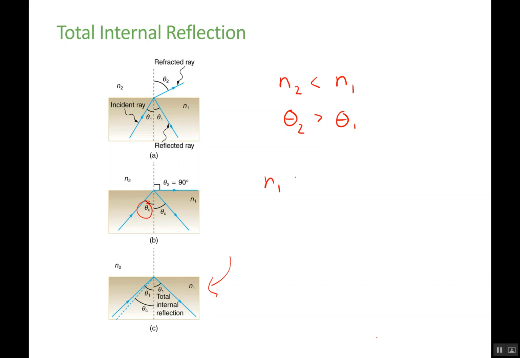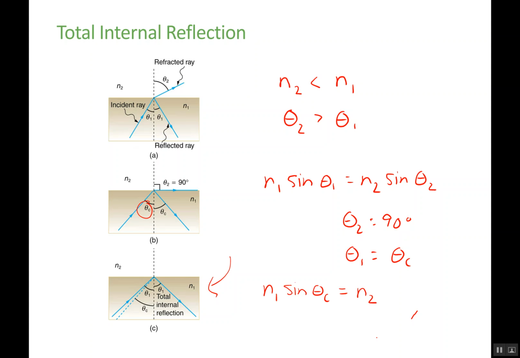So Snell's law, n1 sine theta 1 equals n2 sine theta 2, can be used to determine what this critical angle is. Mathematically, the critical angle is the angle where the angle of refraction, theta 2, is equal to 90 degrees. So when theta 2 equals 90 degrees, theta 1 is equal to the critical angle, and the sine of 90 degrees is equal to 1.